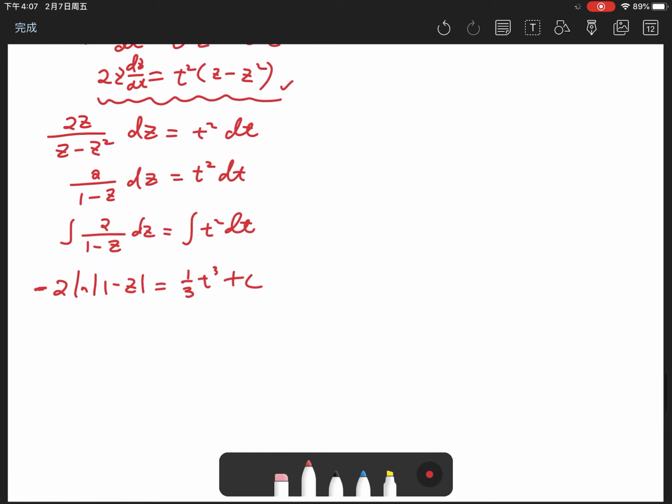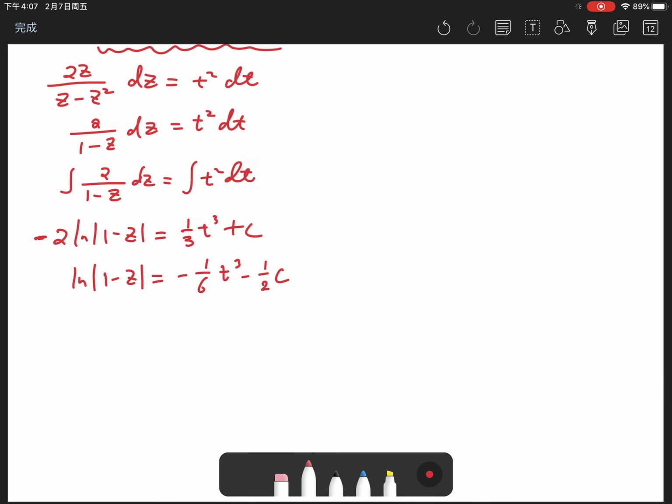Then ln of the absolute value of 1 minus z equals negative 1 over 6 t to the power of 3, minus 1 over 2 c.